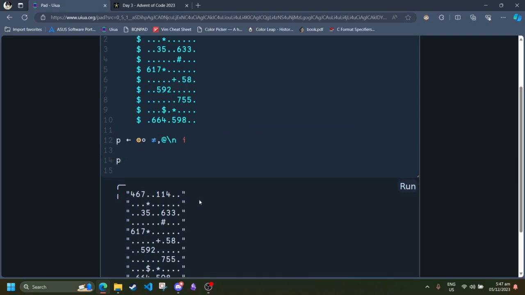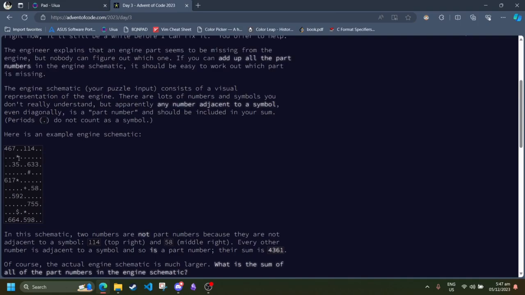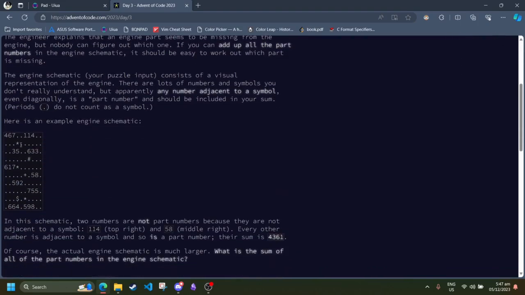So what do we want to do with our P? First of all, I should have actually read the problem first. There'll be symbols, and you need to get all of the numbers adjacent to any symbol. Like the asterisk here is adjacent to 35 and 467. 63 is adjacent to this hashtag. 617 is adjacent to this asterisk.